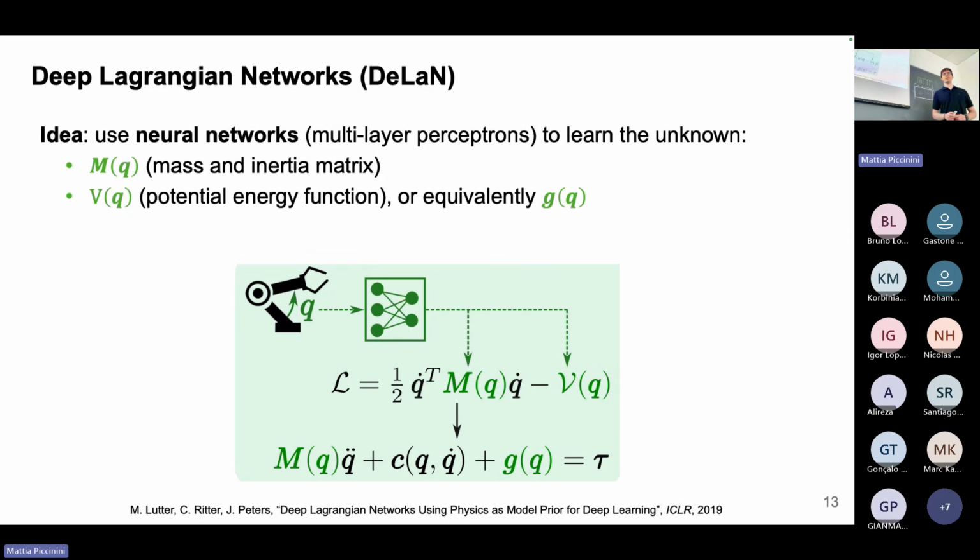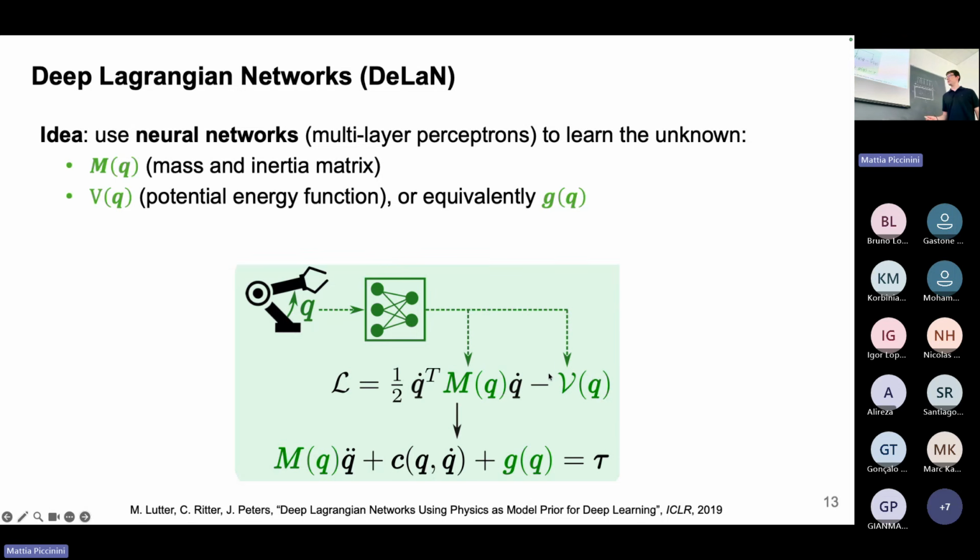So you have your neural network that takes as input the generalized coordinates Q of the robot, for example, and the output of the network is the mass matrix M and the potential energy V. So this is the Lagrangian, T minus V, kinetic minus potential energy.